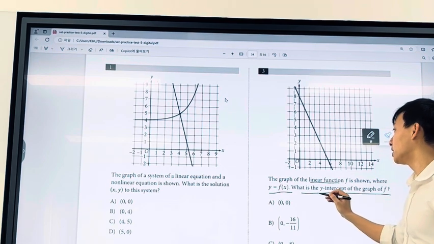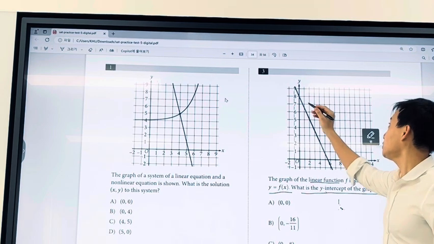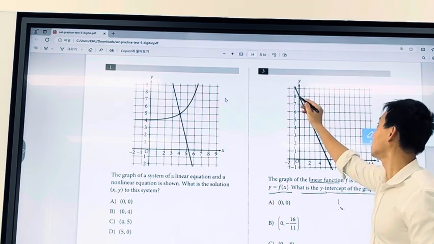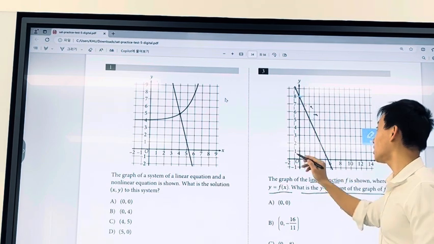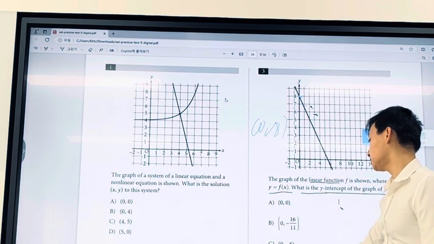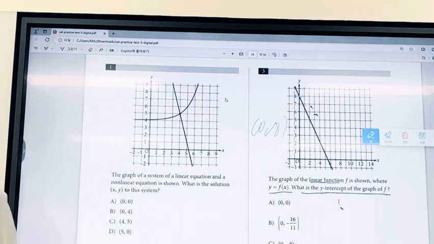The question asks you to find the y-intercept of the graph. So you find the y-intercept at this point, and the coordinate is 0 and 8. So we come up with the answer D. It's easy, right?